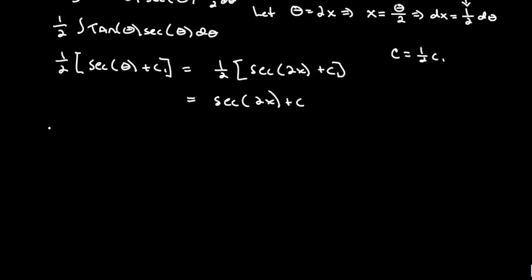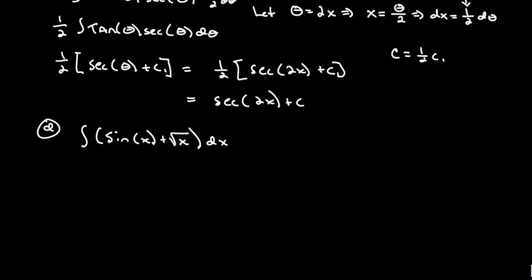Now we got one more here, so let's go ahead and try d. d says we need to integrate the sine of x plus the square root of x dx.